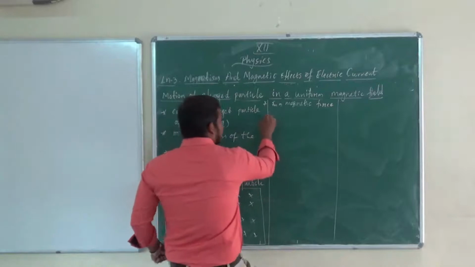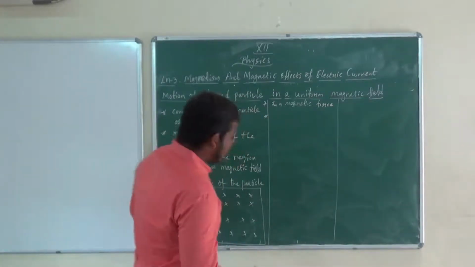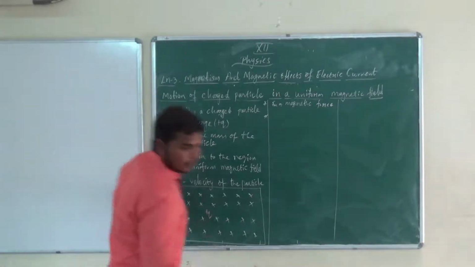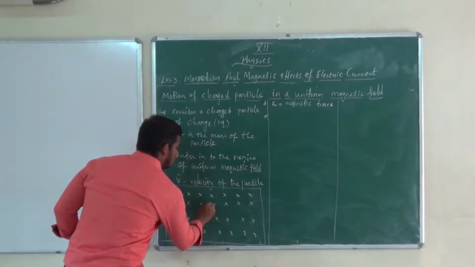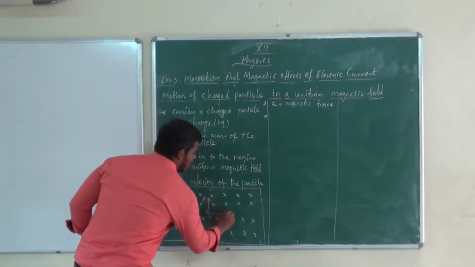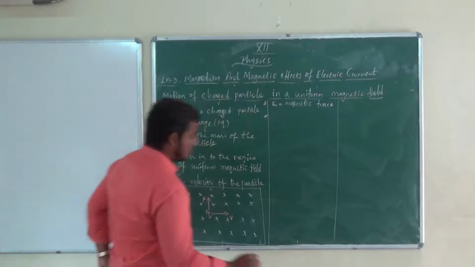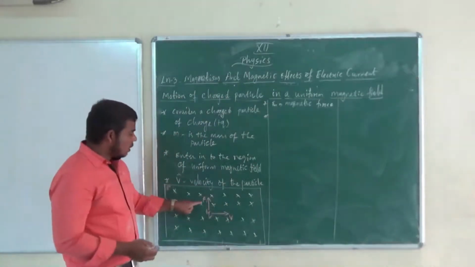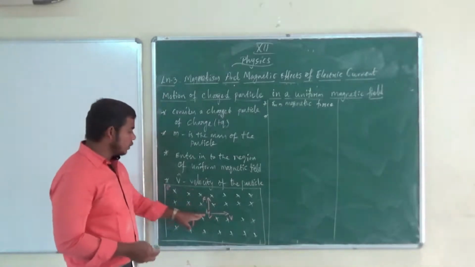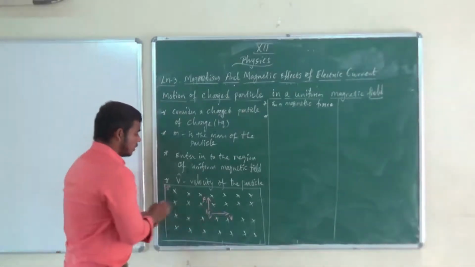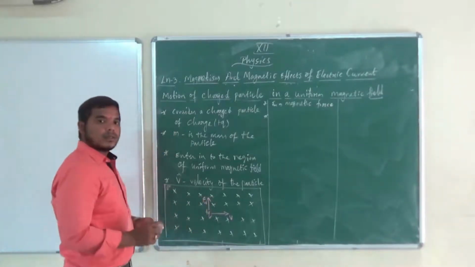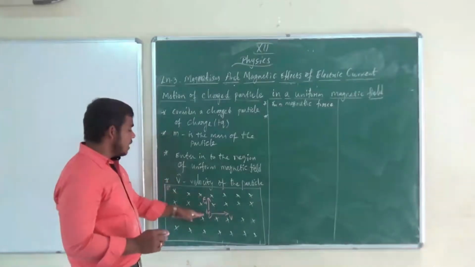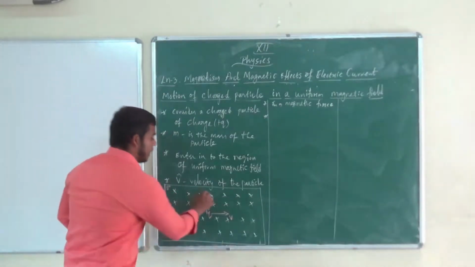The velocity of the particle and the magnetic field are perpendicular, so it experiences the magnetic Lorentz force. This is the result. Due to the magnetic Lorentz force, the particle executes a circular path.